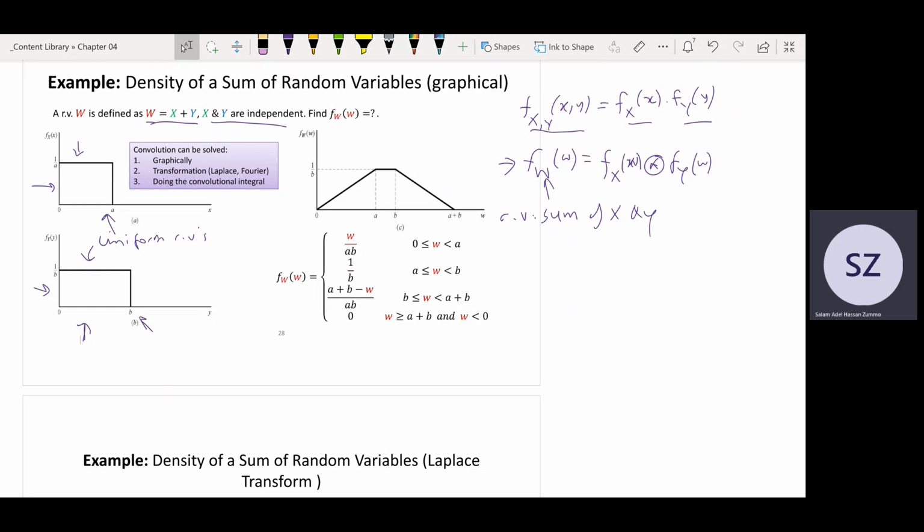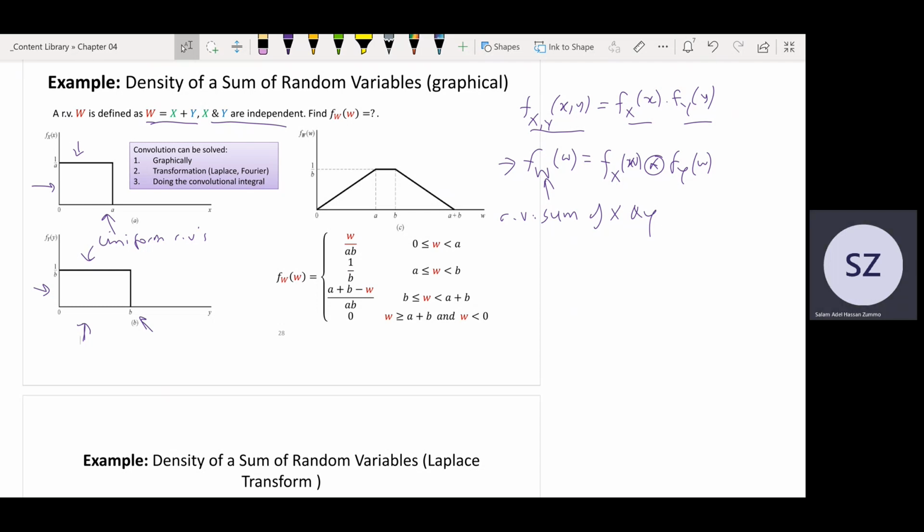When we flip this, it starts from minus b to 0. For w before 0, before we reach 0, the product of this multiplied by this will be 0. So everything before 0 is 0.